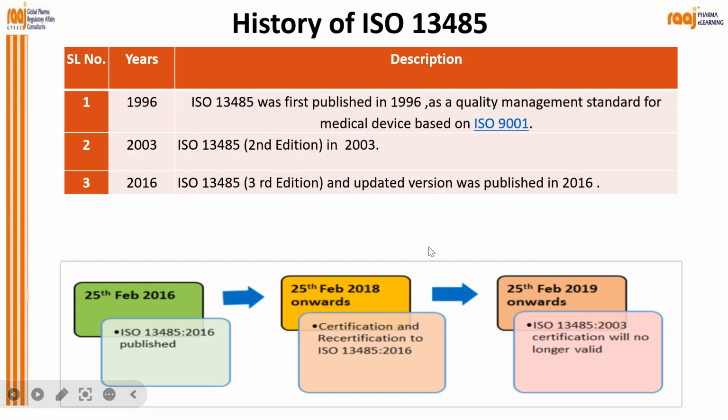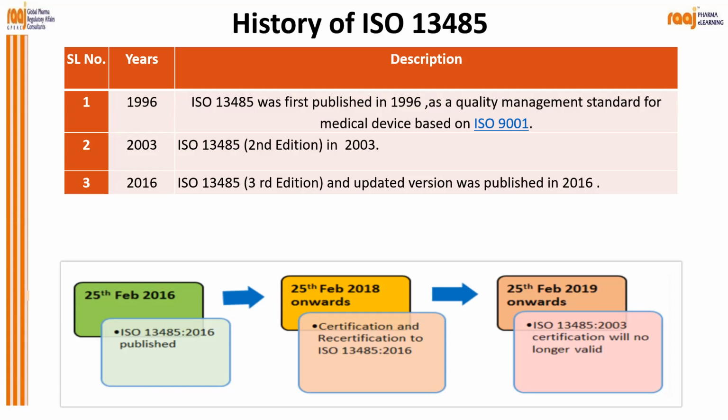Like MDR 2017 was also published in January 2019, right? And sufficient time was given for manufacturers to implement that standard. If you see, they extended the deadline three times due to COVID.